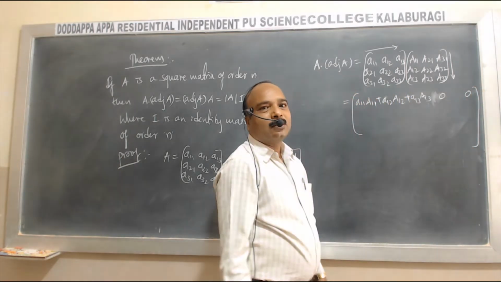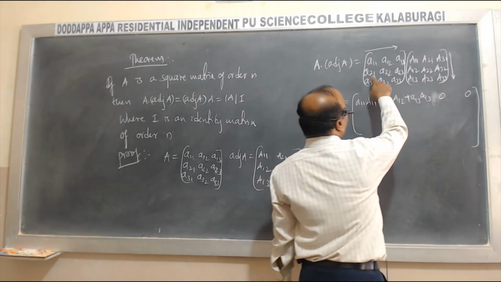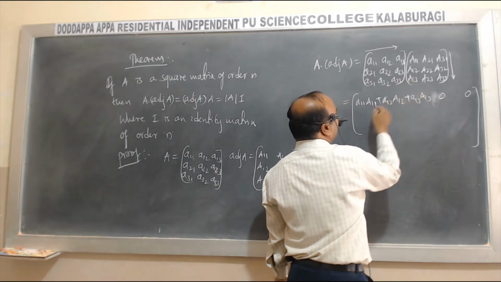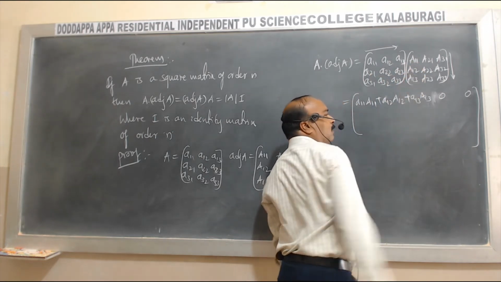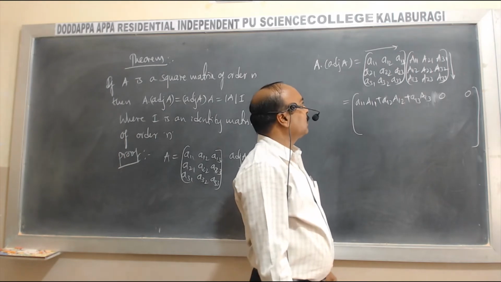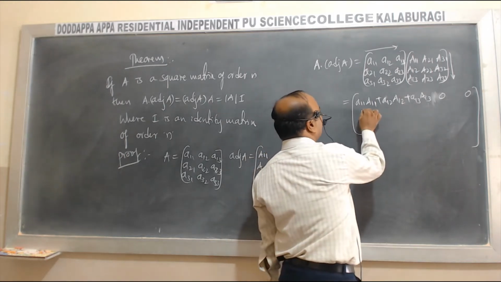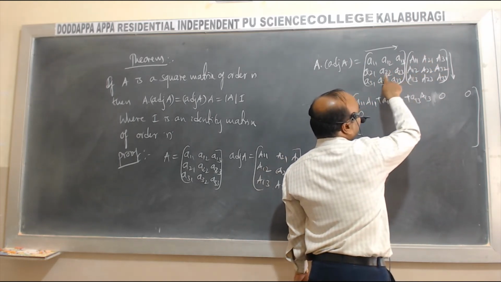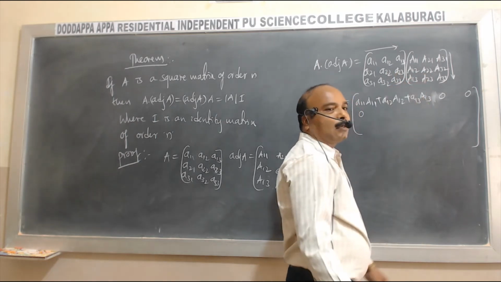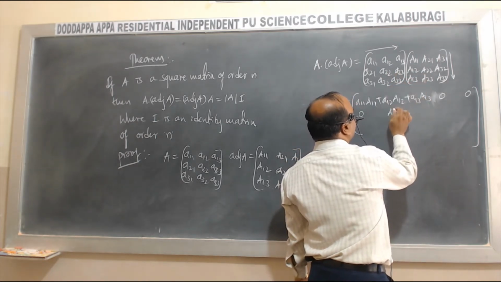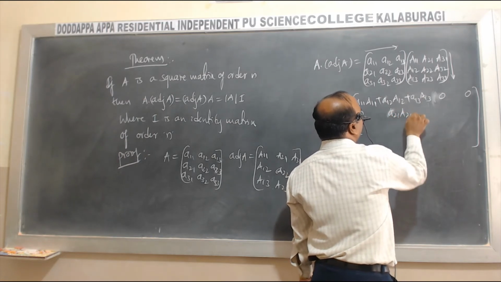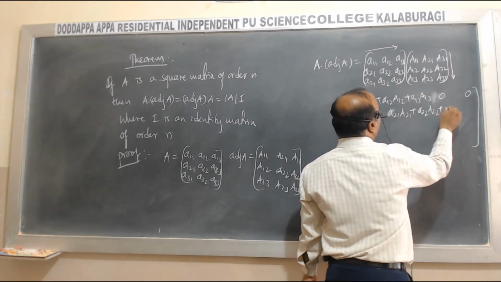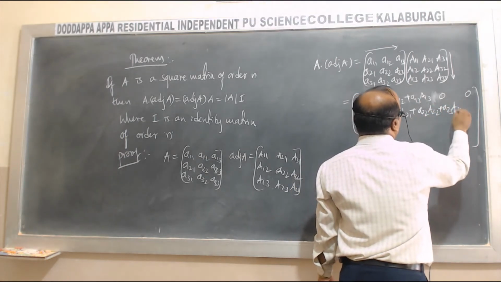Now that is the first row. Similarly for the second row, we start a21 with A11, a22 with A12, a23 with A13. It is the sum of the product of elements of a row with the cofactors of another row. Therefore it is also equal to 0. Next, second row, second column: a21 A21 plus a22 A22 plus a23 A23.